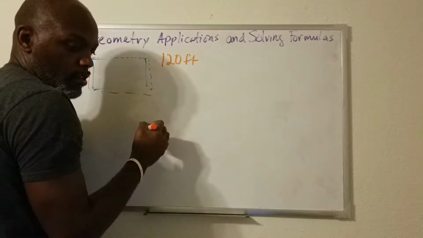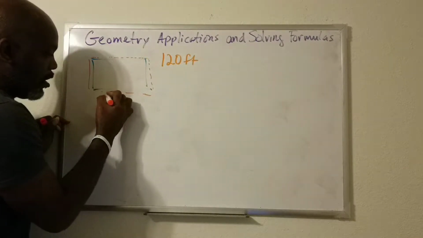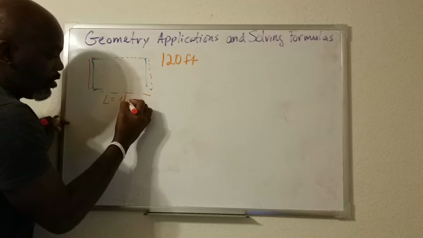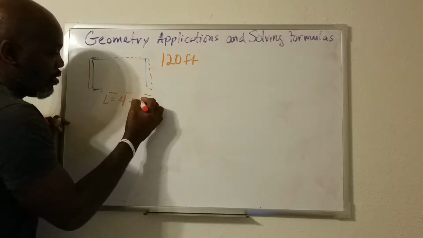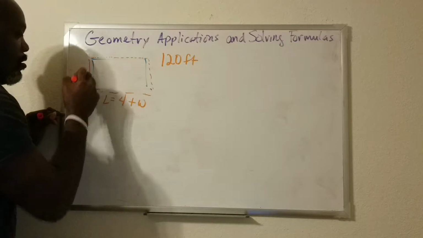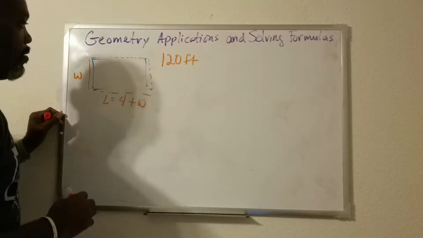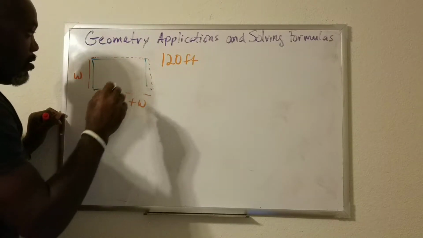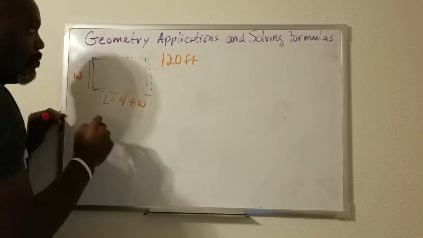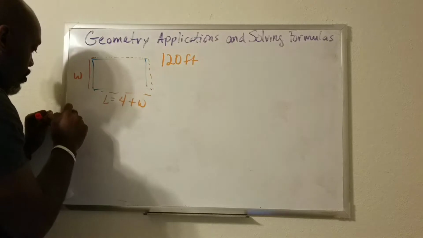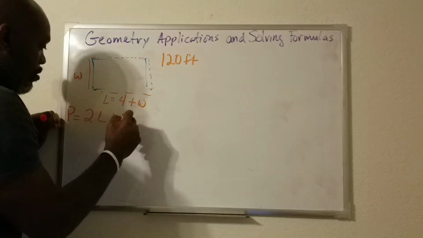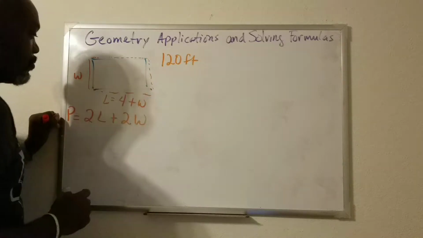And the length is going to be 4 feet longer than the width. Now, do we know what the width is? No, we do not know what the width is. What we know is that it's 120 around, so that's the perimeter. The formula for perimeter is P equals 2L plus 2W.